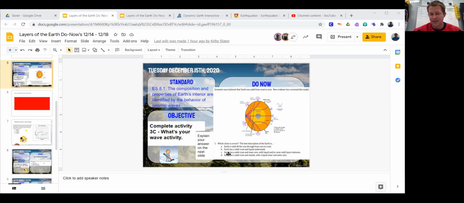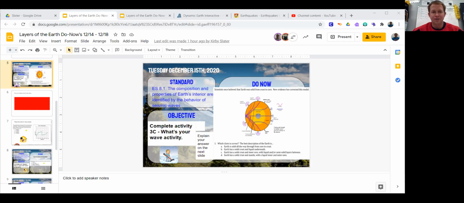So it's actually C, as in Charlie. It says Earth has a solid crust and inner core with a liquid and semi-solid layers in between them. Any questions on that? And we know that because of the behaviors of these seismic waves and how they travel through those layers.